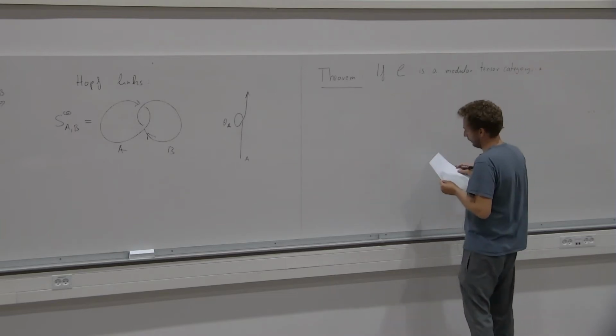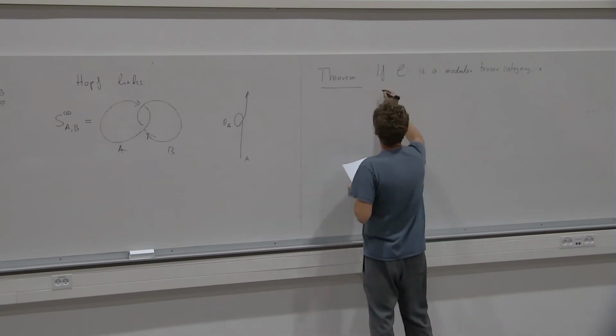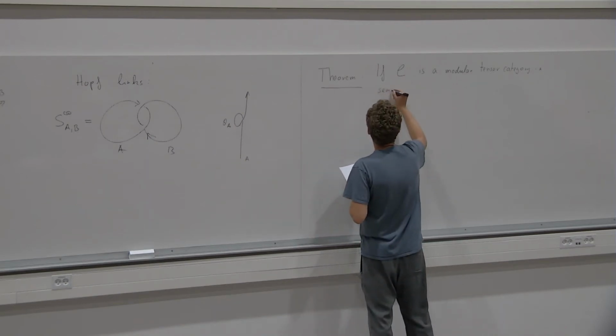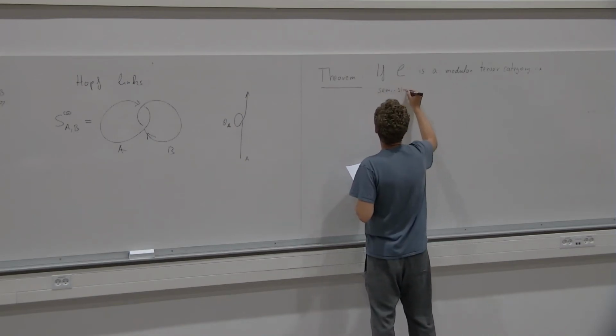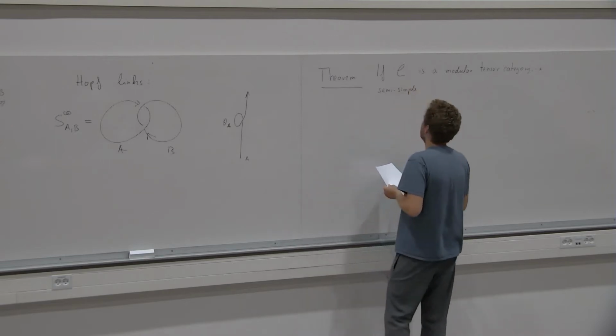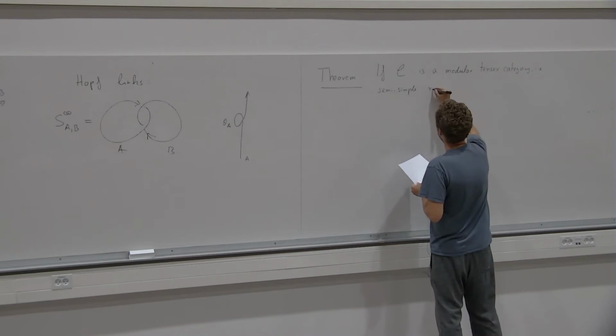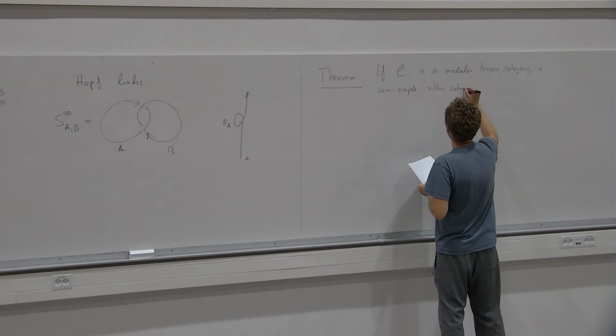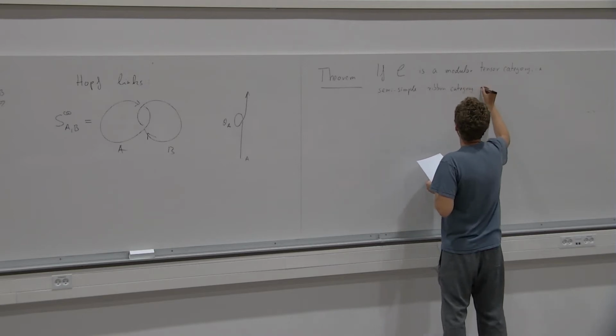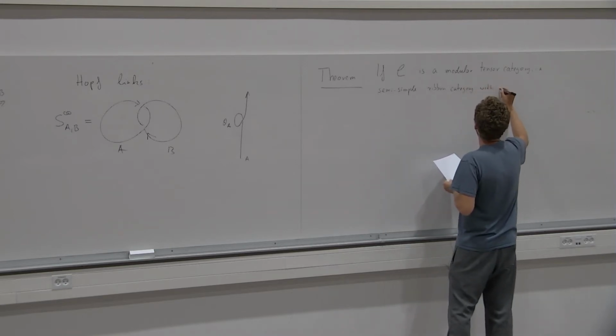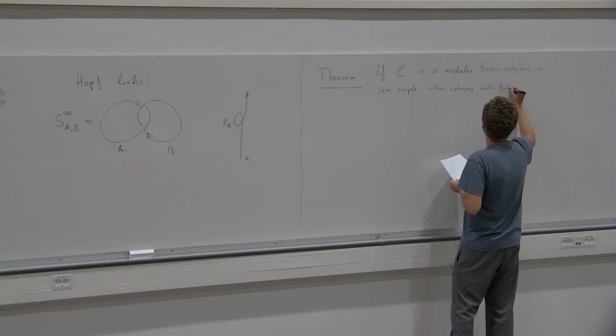It is semi-simple: every object is a finite direct sum of simple objects. It is a ribbon category. It is finite in the sense that it only has finitely many irreducibles.